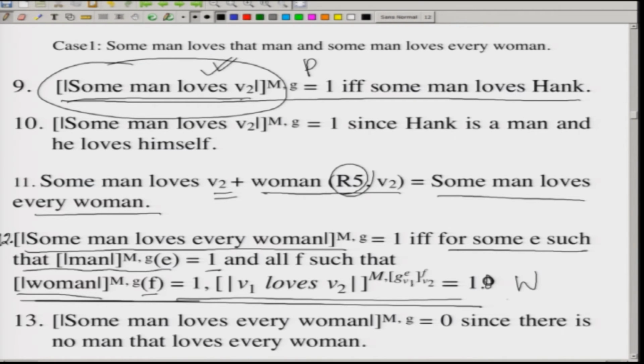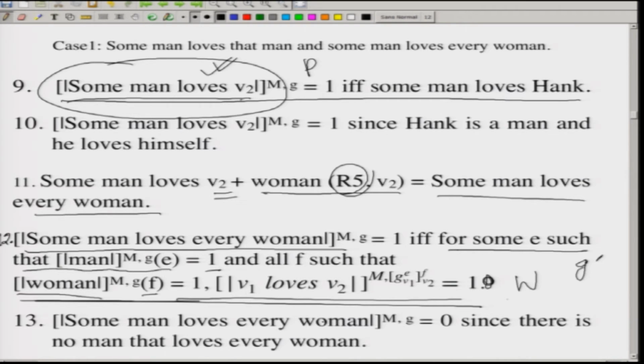Now here there is a trick. You see, we are considering a g. It is not g, it is a g prime. It is a variant of g that assigns e to V1 and f to V2, and e in this case is some and f is all.